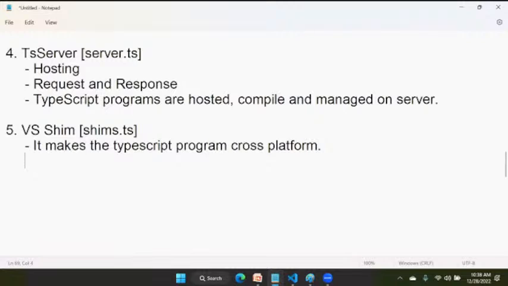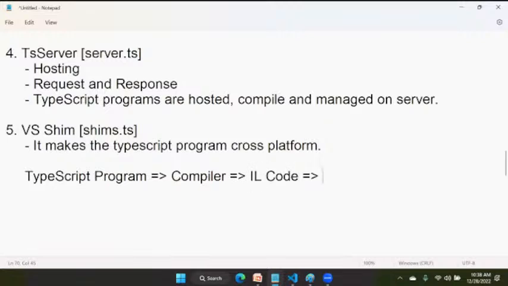Actually, what happens is, you write TypeScript. This TypeScript program is translated, that means it is compiled by the core compiler. After that, it will generate what we call IL code, intermediate language code.